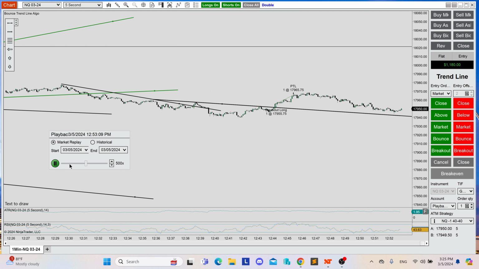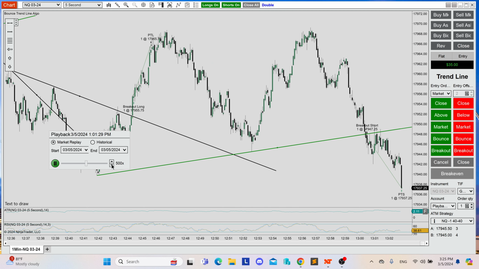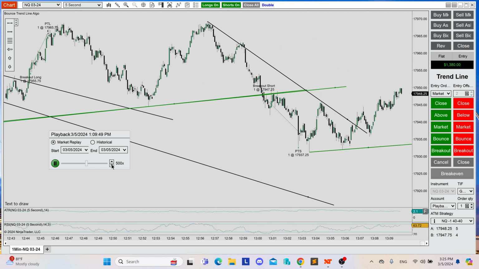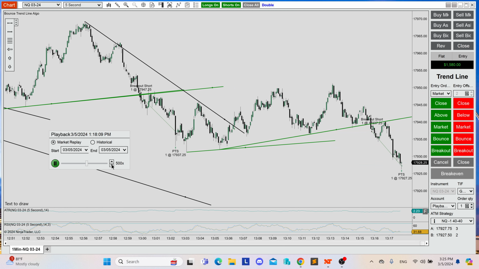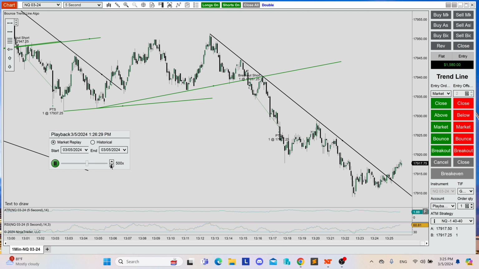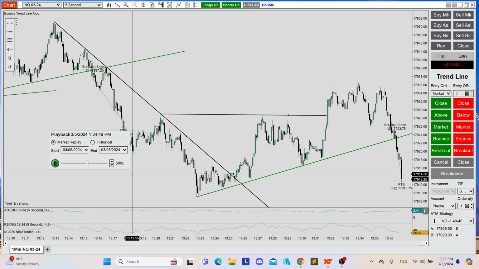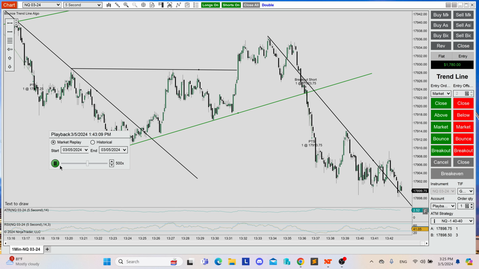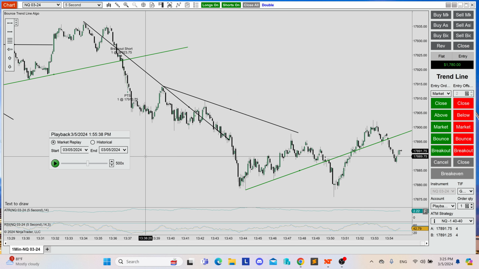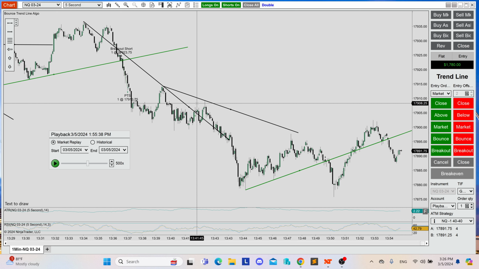So let's speed it up until we only have 2 hours. I downloaded the data until 3 p.m. Eastern time. See, you have a break right here, but there is not enough momentum, so we didn't buy it.